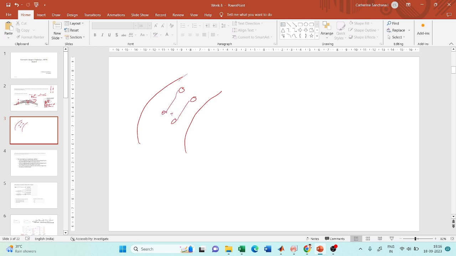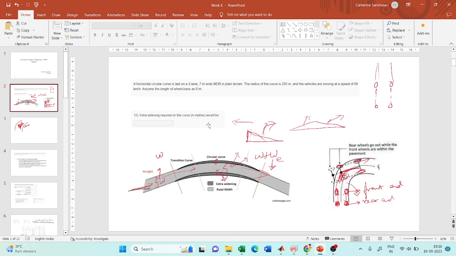This straight portion, which is called the chassis, is rigid. Rigid as in, when you traverse a horizontal curve, your vehicle will not bend like this, because your vehicle is a rigid body. Because of that, this rear end will be thrown out and will exceed the width of the curve. That is what you see here.